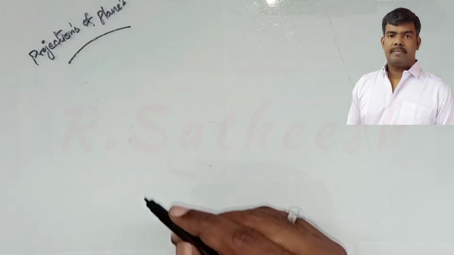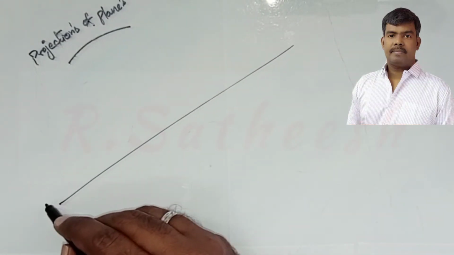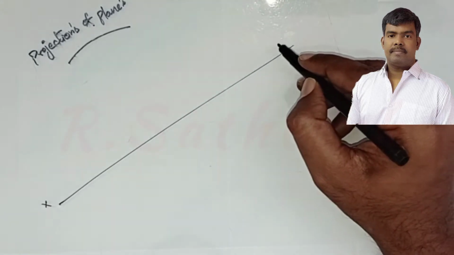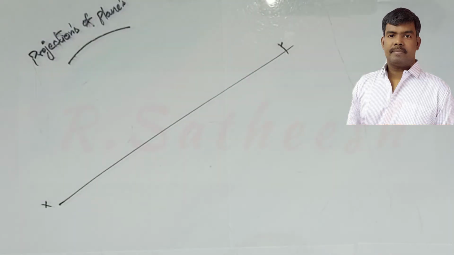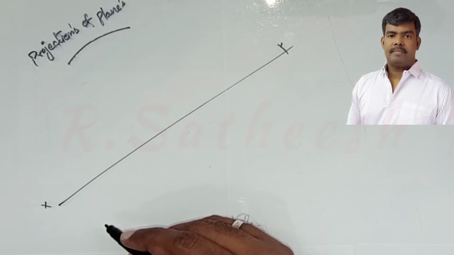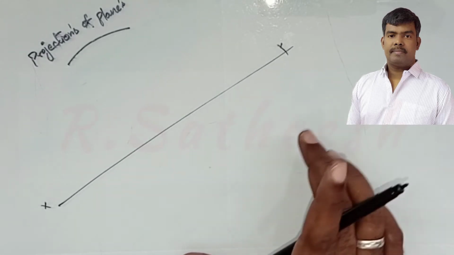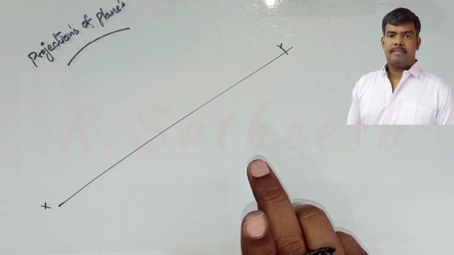Let us draw the XY reference line. Now you draw one pentagon. While tilting the pentagon, the inclination is made to the HP.